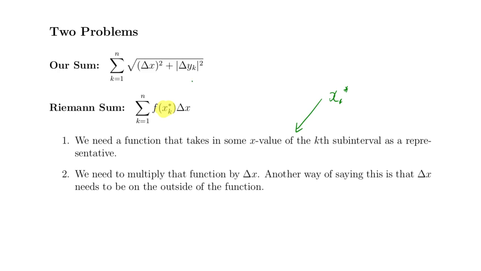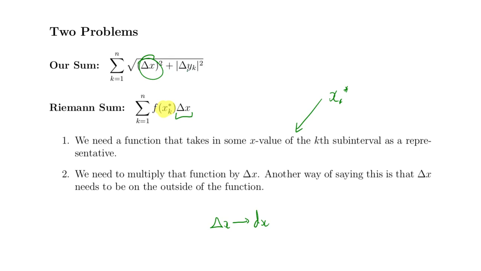We also need to have this delta x here at the end of our sum getting multiplied, because remember, our delta x is going to turn into our differential when we apply that limit. And so here, our delta x is nested inside of this square root. We don't really have a function here taking in some x value, right?